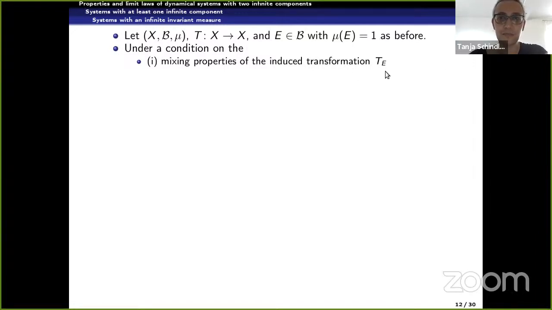So we need some mixing properties on the induced transformation TE, which is actually quite a strong mixing property we need. And additionally, we need a condition on the growth rate of the super level sets, or basically decay rate.